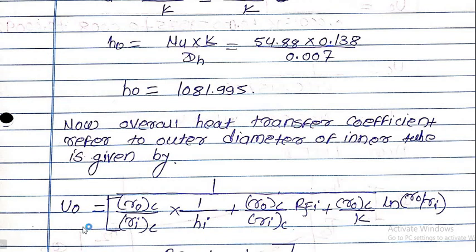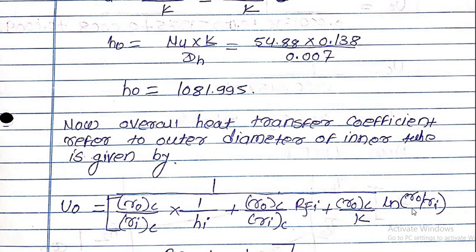So U0 is equal to the overall heat transfer coefficient based on the outer surface area of the copper tube is equal to 1 whole divided by R0C divided by RIC, that is nothing but the outer radius of copper tube divided by inner radius of the copper tube, multiplied by 1 upon HI. HI is nothing but the inner heat transfer coefficient, that is the heat transfer coefficient for the water, plus R0C divided by RIC multiplied by RFI, that is the fouling factor for the water, plus R0C divided by K multiplied by ln of R0 divided by Ri.